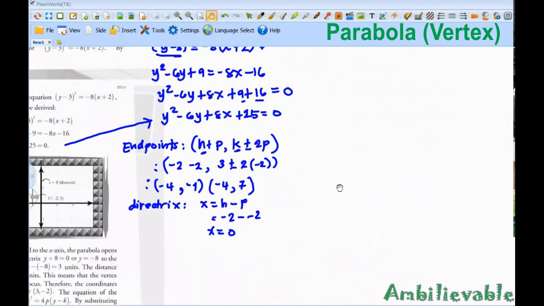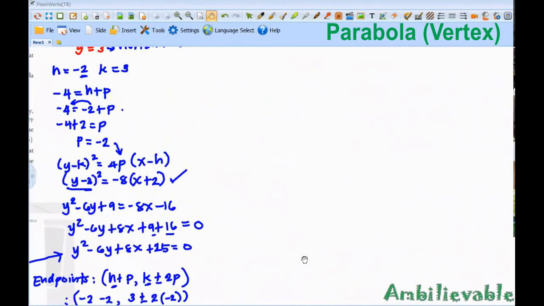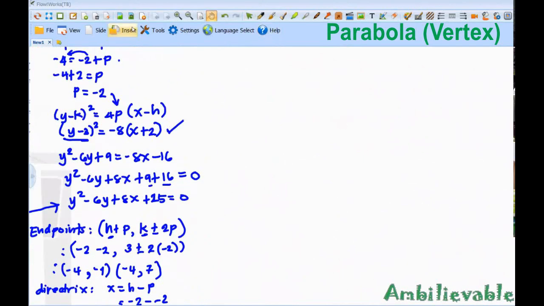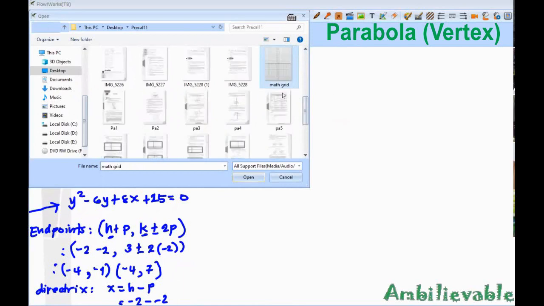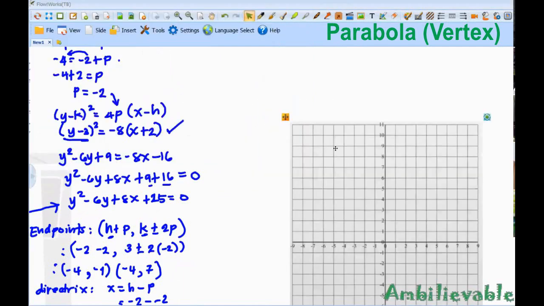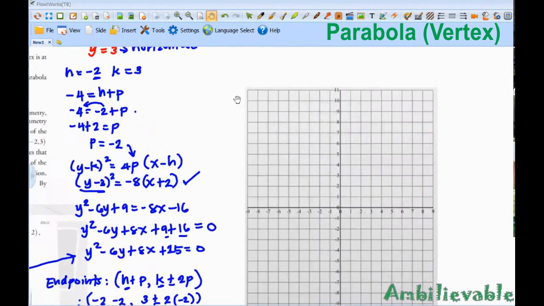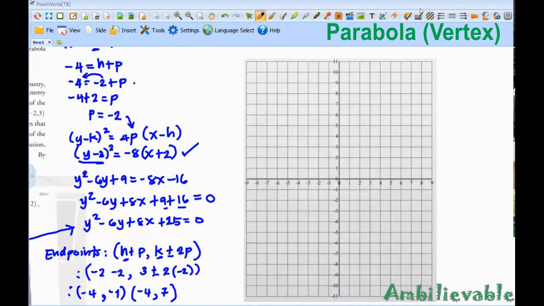Let us see how it looks like. All right. Let us insert a media for graphing. So let's start first with the center, the vertex: negative 2, 3.